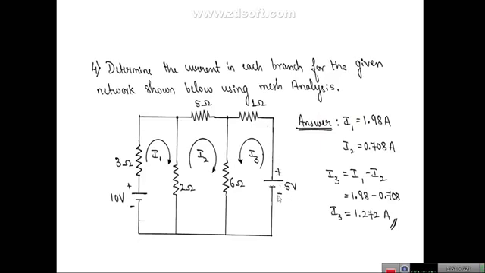Once we know the number of junction points and branches, you can easily find the mesh equations. In this you will get 3 mesh equations. You have to write these equations and solve for I1, I2, I3. I1 is equal to this, I2 is equal to this value, and I3 is equal to this value.